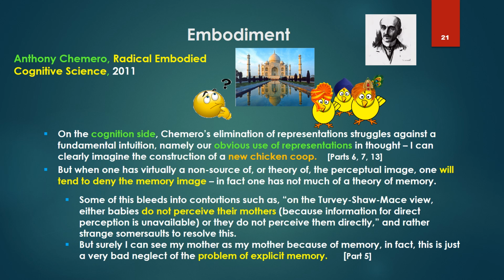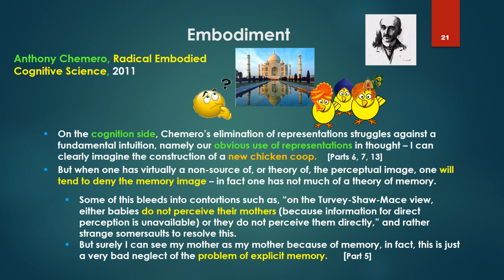In fact, this is just a very bad neglect of the problem of explicit memory that I discussed extensively in part 5. Explicit memory is the ability that takes a couple of years, in Piagetian discussion and description of child development, to be able to explicitly or consciously place an event as an event in one's past that one has experienced, and simultaneously see the present event as reflective of that past event.